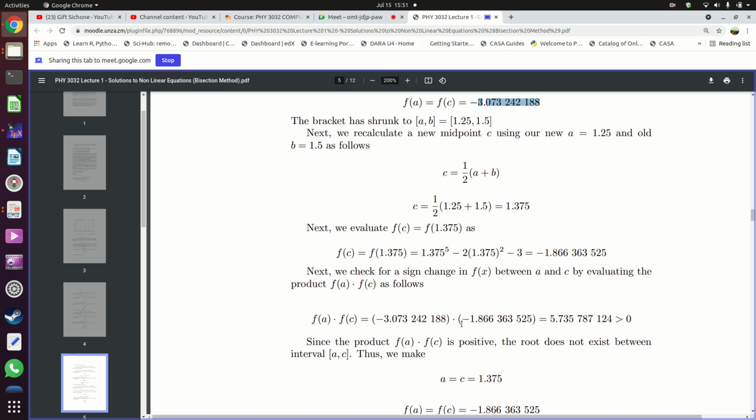So you are multiplying some negative number times some negative number. Negative times negative is going to give you a positive number, which is 5.73 something. This is positive, it's greater than 0. Since this product f of A times f of C is positive, it's telling you that there is no solution between A and C.